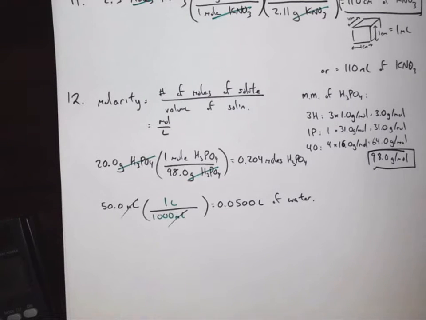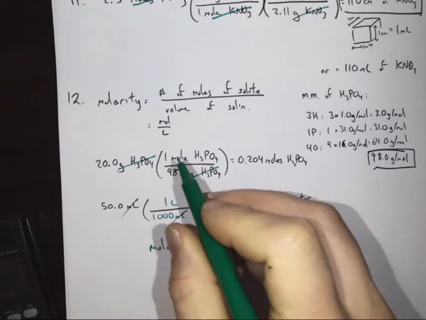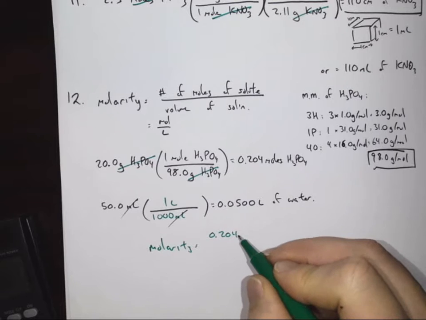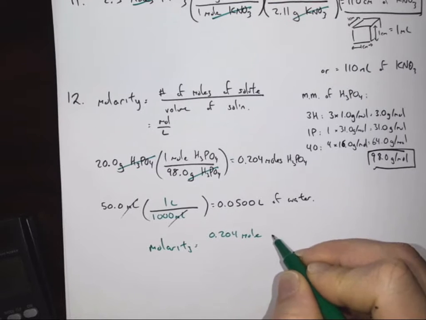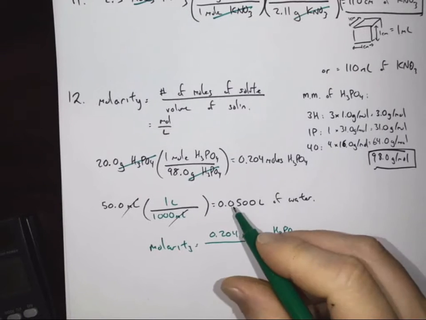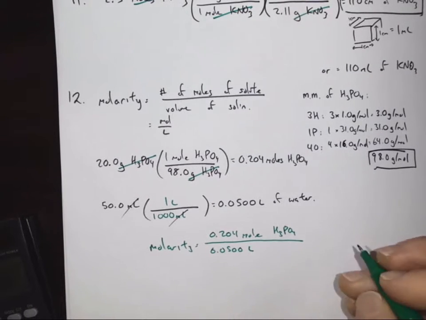Okay, now lastly, find the molarity. To do that, we're just going to take our number of moles of solute, 0.204 moles H3PO4, and divide it by our volume, 0.0500 liters.